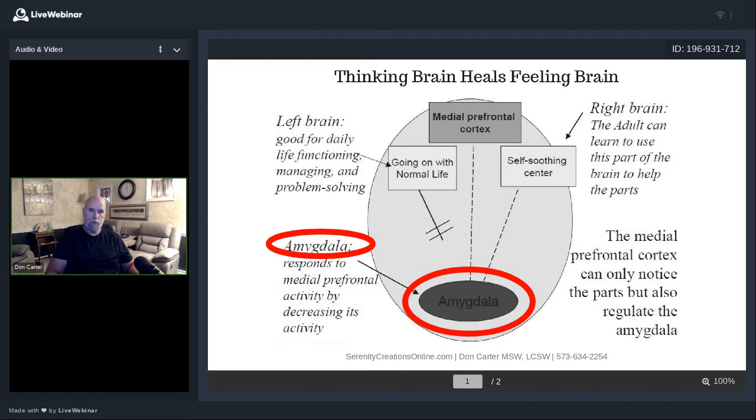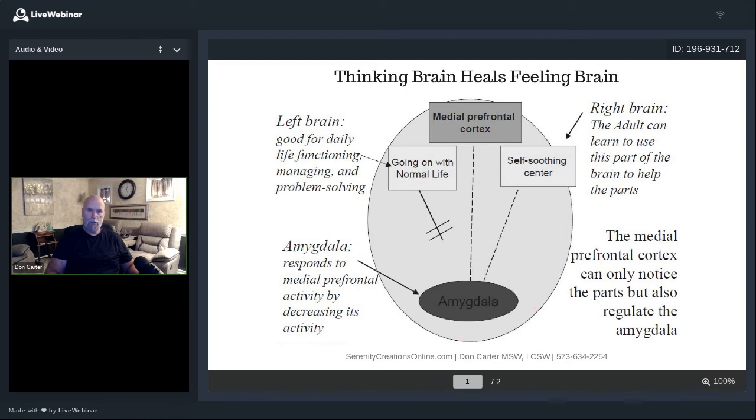It's also connected to the hippocampus, which has to do with long-term and short-term memory. So all of that dysfunction that's stored up from childhood gets stored in the amygdala, and that's where all the reactive parts come from. All those fight, flight, submit, freeze, and attach parts that get reactive and get triggered are from here.